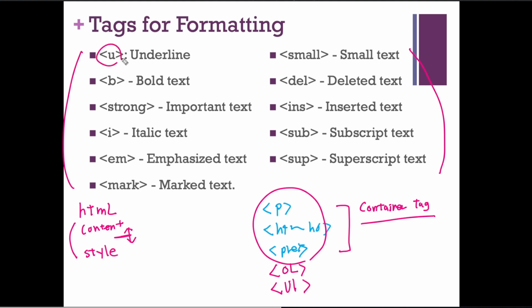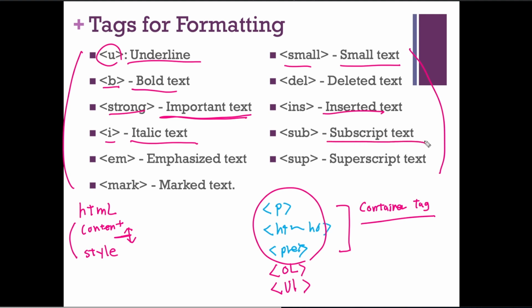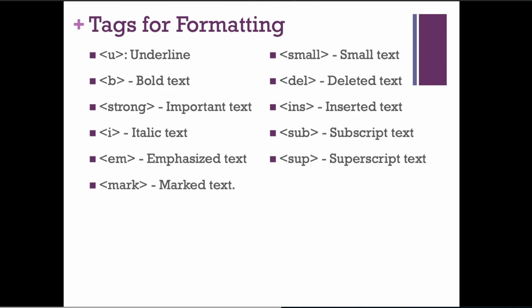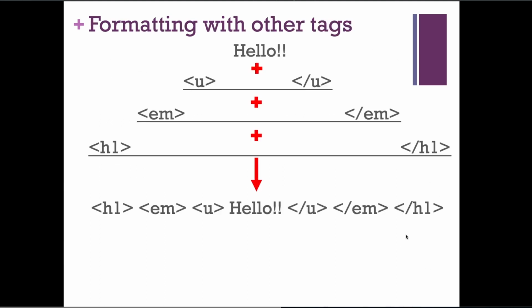As you can see, U is underline, B is bold, strong is also kind of bold, I is italic, small is for small text, and insert, sub, and so on. These are all the things we need. So let's start with the underline. But before we use it, the most important thing is formatting with the other tag, because look at this. This is my hello, which is my content.